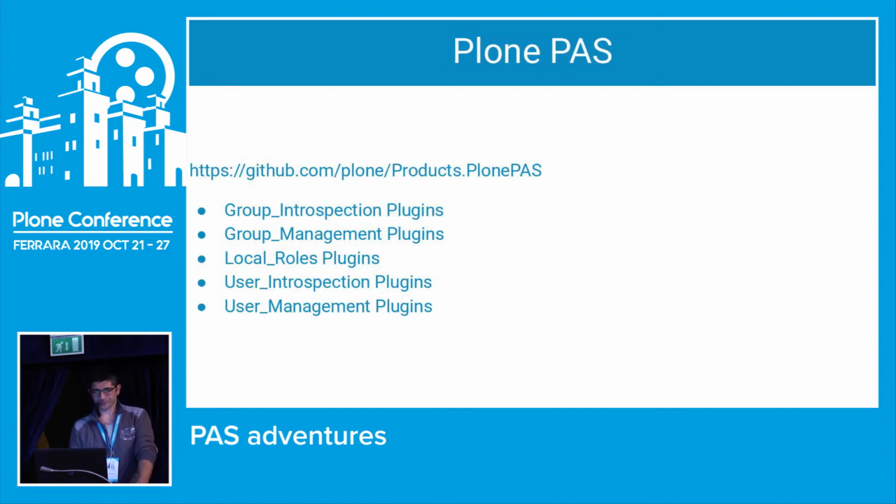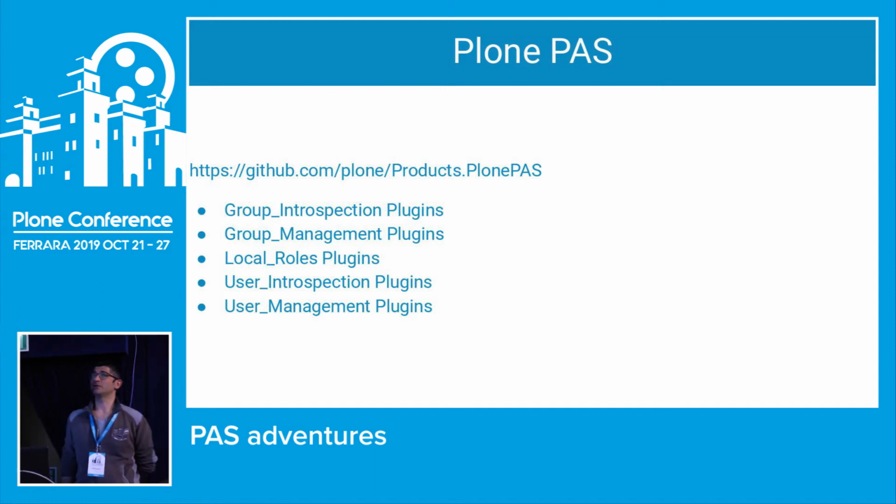Okay. So another thing is that we have in Plone a product which is called Products Plone Pass that adds things to this already pluggable thing, as we don't have enough stuff on the pass itself. So, for example, it patches pass to add new group introspection plugins and other types of plugins.